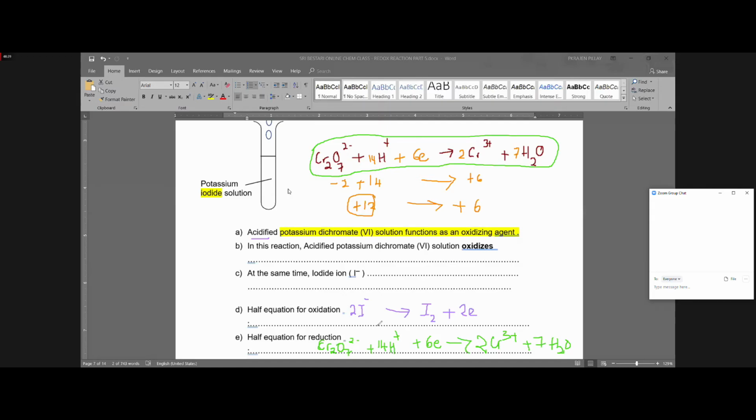So you can see here, you multiply this by 3, make it 6, so it will become 6e, so 3, and then this is 6I minus.